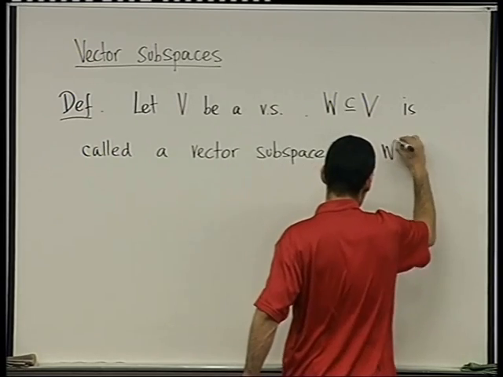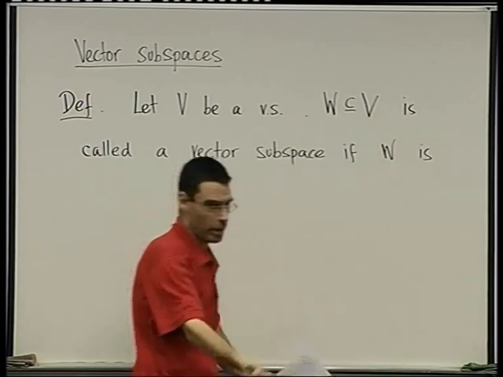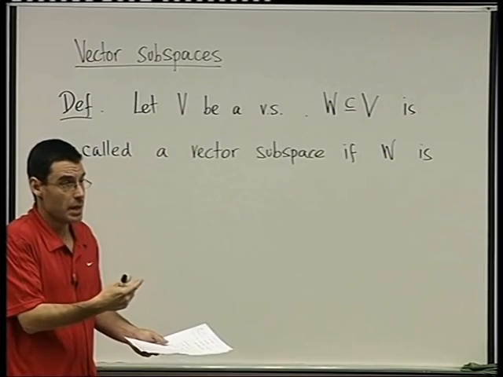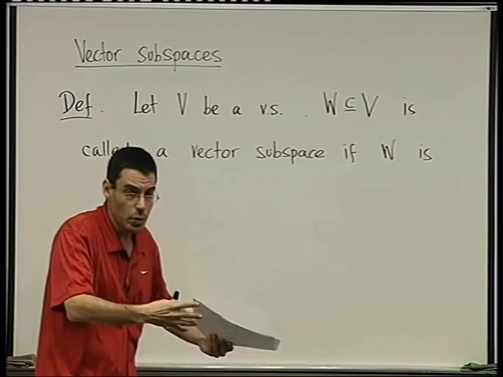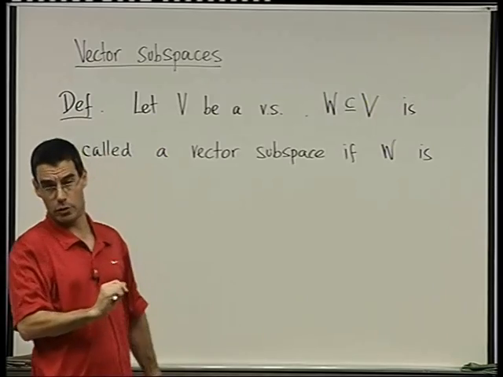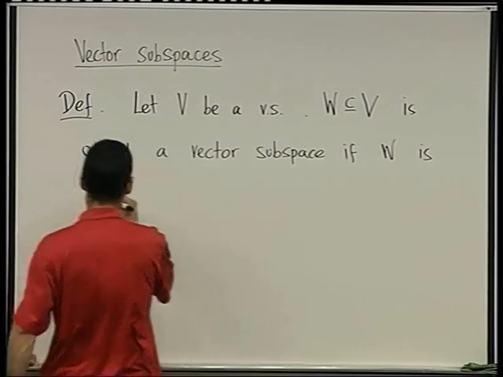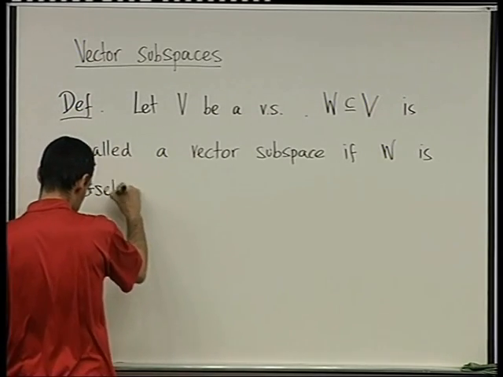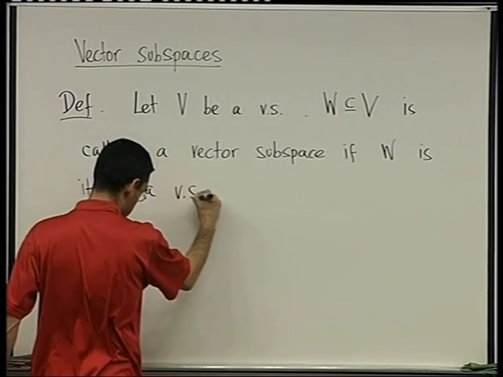if W is not just a partial collection of elements, but those elements in W themselves form a vector space. Okay? If W is itself a vector space.